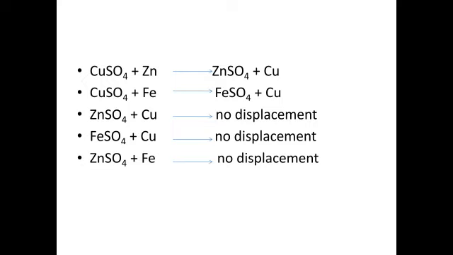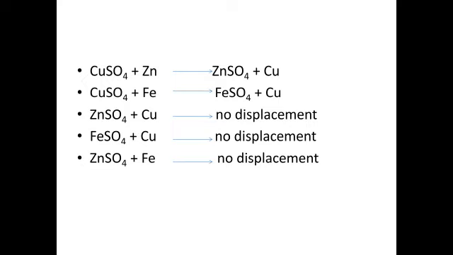Then we are dipping different elements into them. Our first element is zinc, so the first beaker A is dipped with zinc. Then what happens? The color changes, right? There is a color change in beaker A. That is because zinc is more reactive than copper, and hence it displaces the copper from the copper sulfate solution.